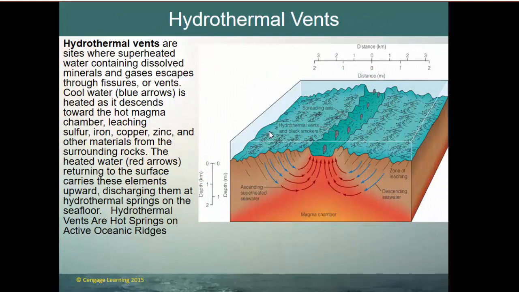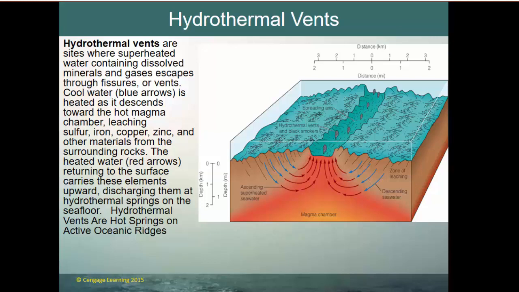All right, hydrothermal vents, very, very interesting. They are sites where superheated water containing dissolved minerals and gases escapes through fissures or vents. So cool water, shown by the blue arrows, is heated as it descends toward the hot magma chamber. In this period of the water moving through the rock, it leaches out the sulfur, the iron, the copper, the zinc, and other materials from the rock.